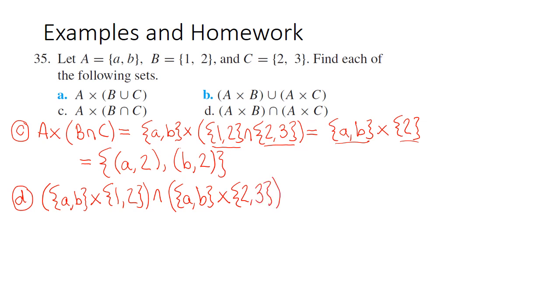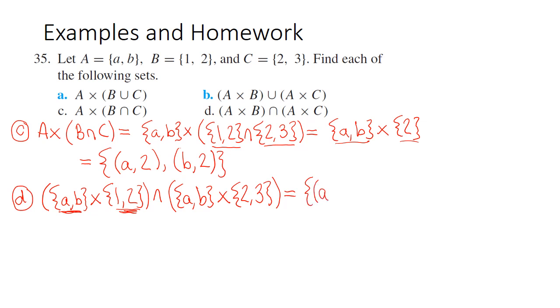Okay, and now I'll just try to simplify. So I'm going to do inside the parentheses first. So I'm going to do the Cartesian product of {a, b} and {1, 2}. So hopefully you can figure out that there should be 4 ordered pairs that you can get, because there's 2 things in {a, b}, and there's 2 things in {1, 2}. So you have 2 choices for each element.